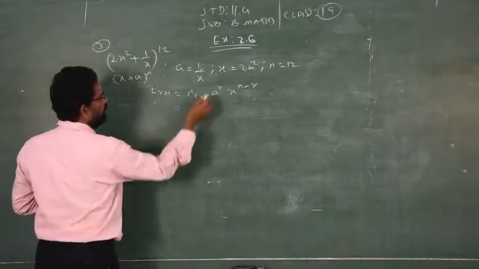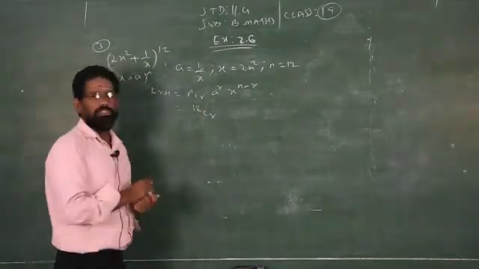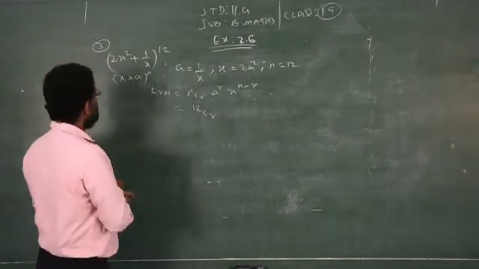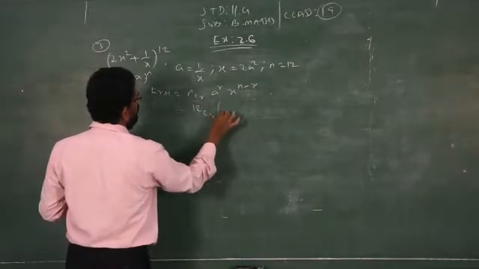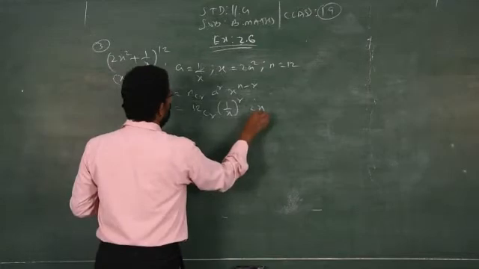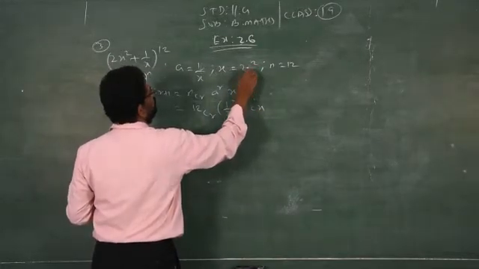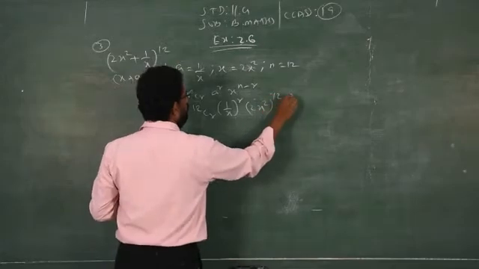In the place of n put 12. I don't know what r is, that we only have to find out by using the independent or constant term. So 12Cr, I know a, that is 1 by x whole to the power r, then 2x square power 12 minus r.